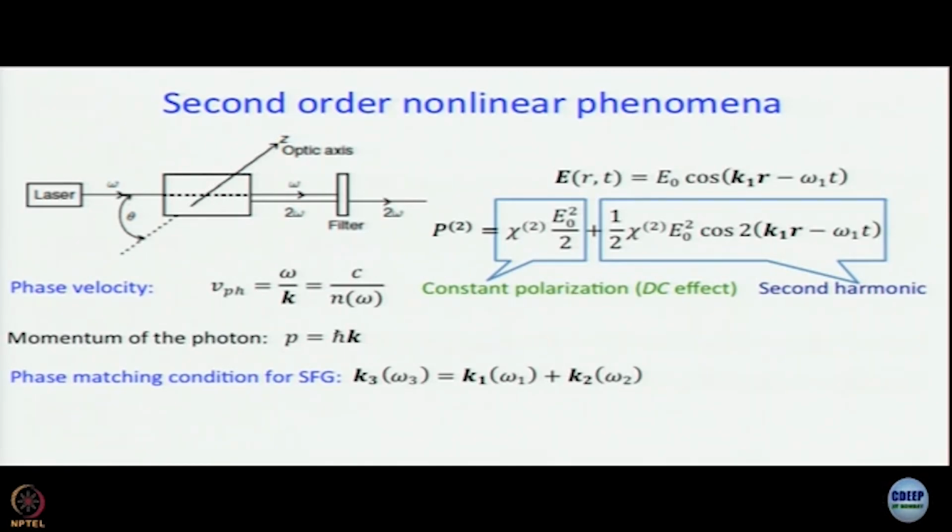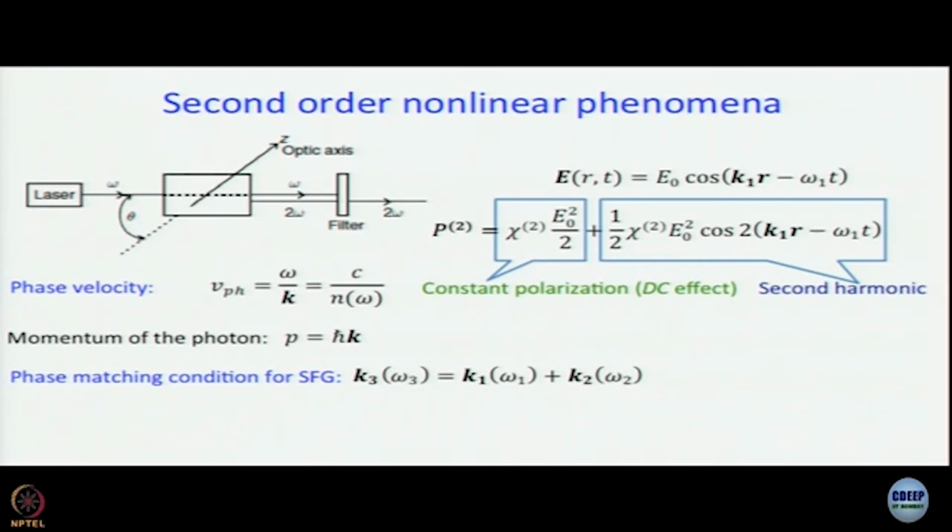Okay. So, for some frequency generation, the phase matching condition is k 3, which is the k vector of the some frequency photon, has to be equal to k 1 plus k 2, where k 1 and k 2 are the characteristic k vectors for photons of angular frequency omega 1 and omega 2.